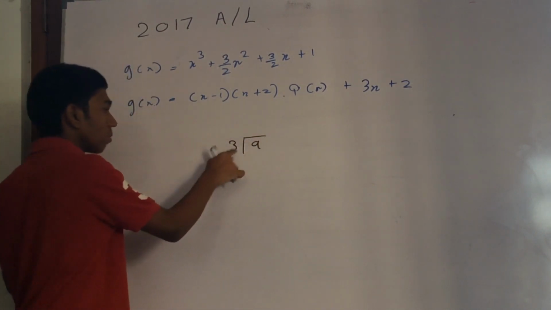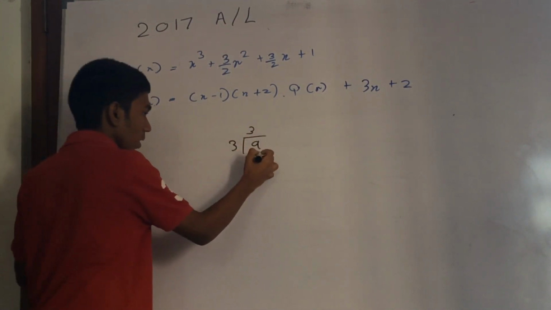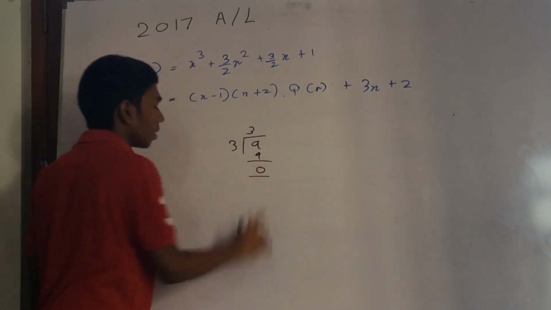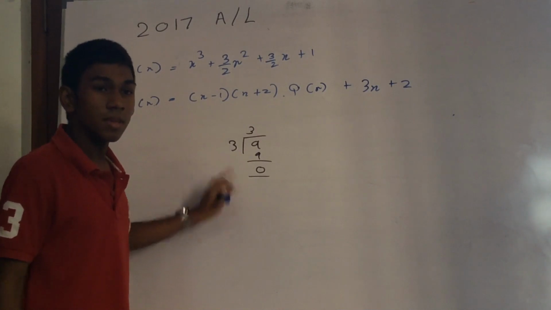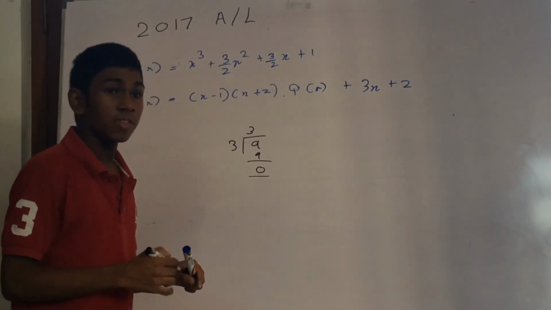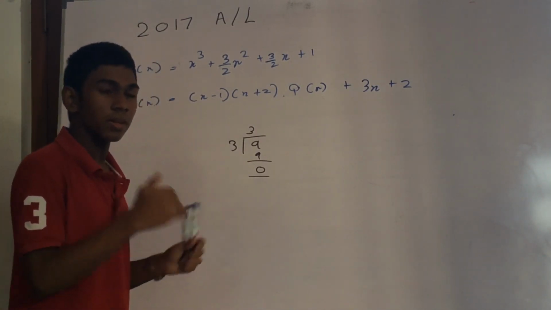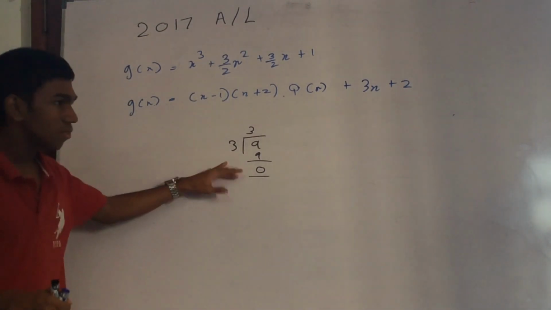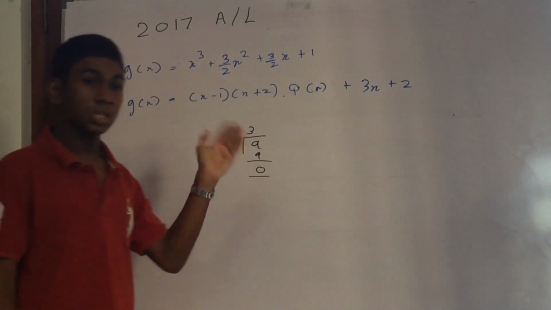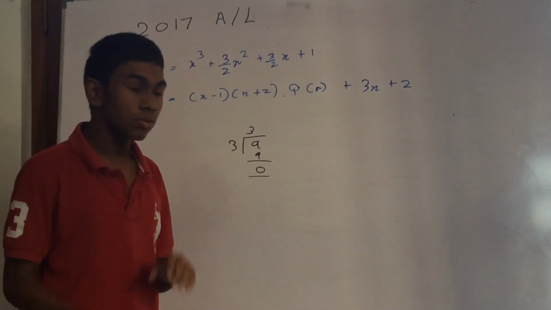Why? 9 divided by 3 is 3, so there will be no remainder. The remainder is 0. If the remainder is 0, that means it's a factor. If it's mentioned as a factor, automatically the remainder should be equal to 0.